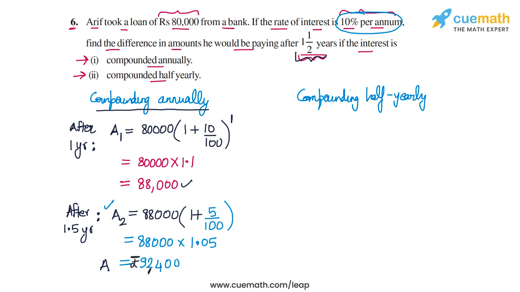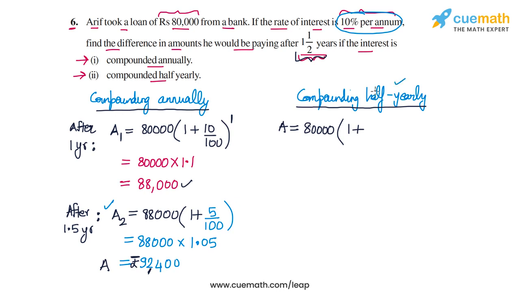So the total amount in the annually compounding scenario, the first scenario, is rupees 92,400. Now let's do the calculation for the scenario when the compounding is happening half yearly. In this case, the total amount will be the principal, which is 80,000 into 1 plus 5 by 100, because compounding is happening half yearly.